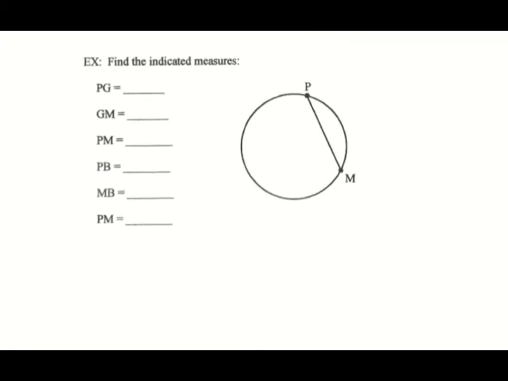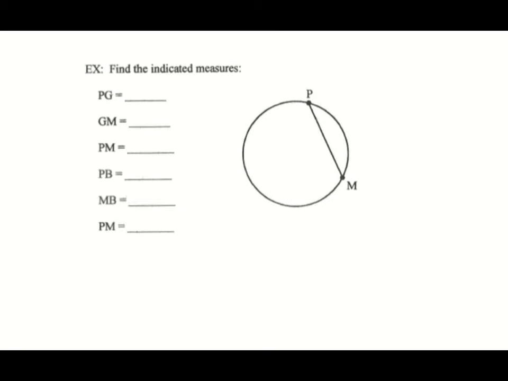So if we look at an example of that, this says find the indicated measures. So first we need to put some more given information on here. So this is our center, and our diameter is AB. Got a C in the middle.